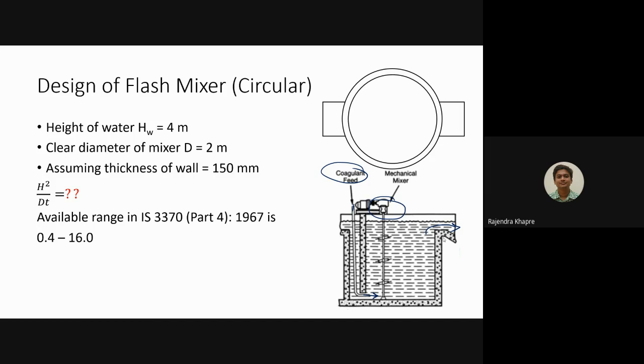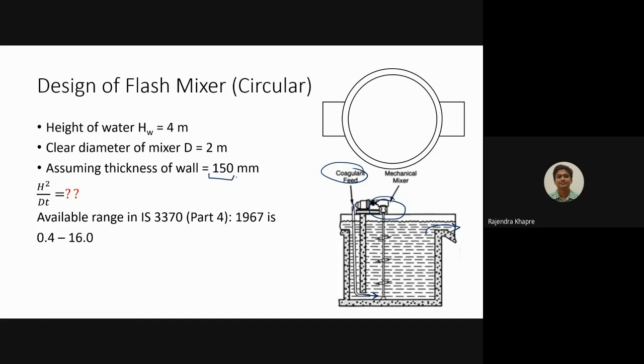Let us assume that we have to design a circular flash mixer having a height of 4 meters. 4 meters is a very big height, almost the height of this room. It has a diameter of 2 meters, and this is a mechanical one, not the gravity one. Let us assume the wall thickness as 150 mm.